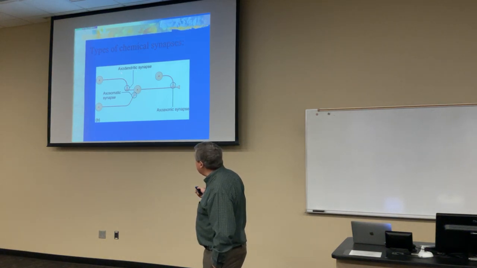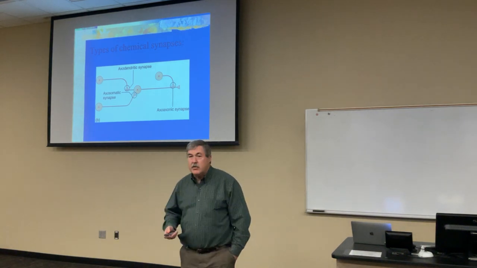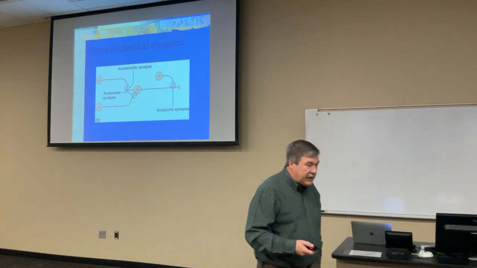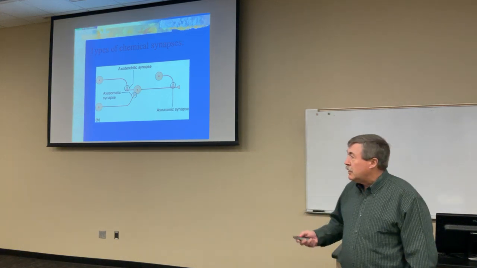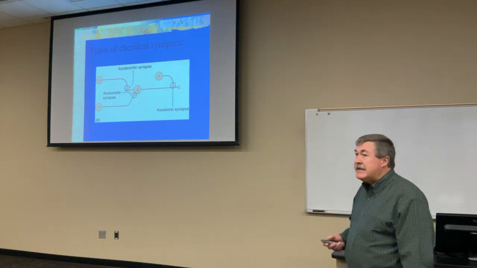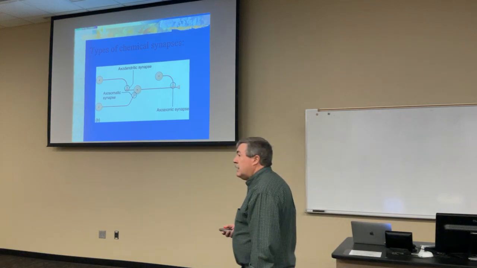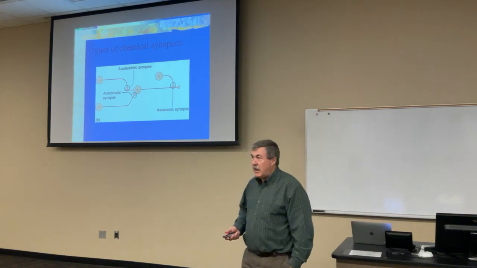It's this one right here on the upper left. In an axodendritic synapse, an axon terminal of the presynaptic neuron synapses on the dendrite of the postsynaptic neuron. That's the most common type of synapse.